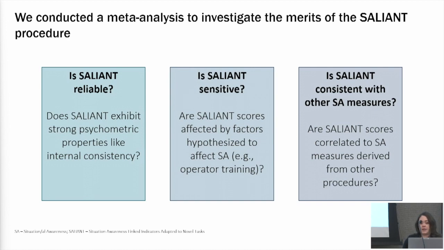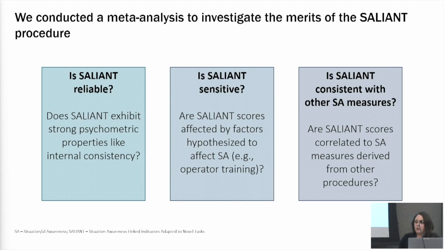So we performed a meta-analysis with two primary questions. First, we wanted to know whether SALIANT is a reliable measure. If we use this procedure in multiple settings with different groups of people who are doing, on average, the same type of thing, which is to accomplish a task or achieve some mission, do we find similar results across all of those contexts?